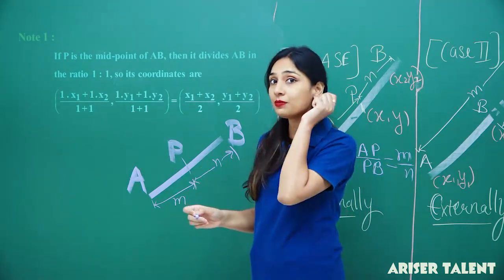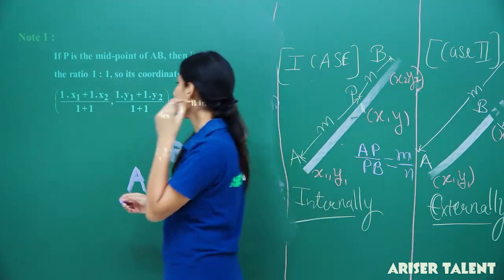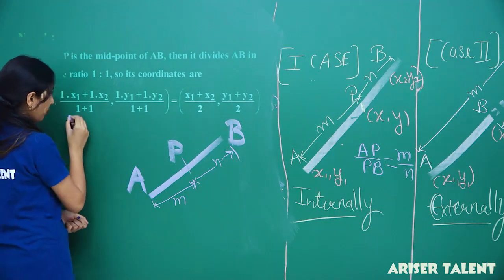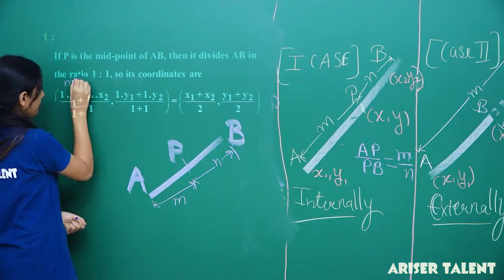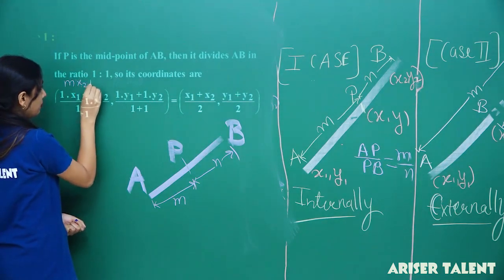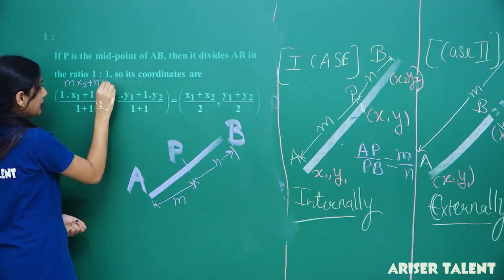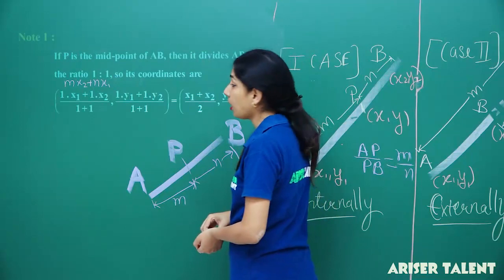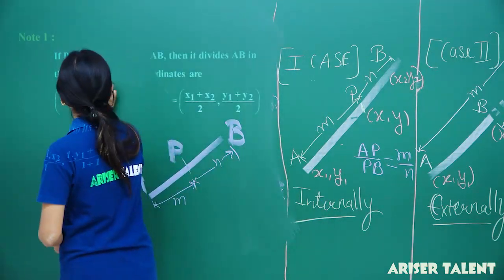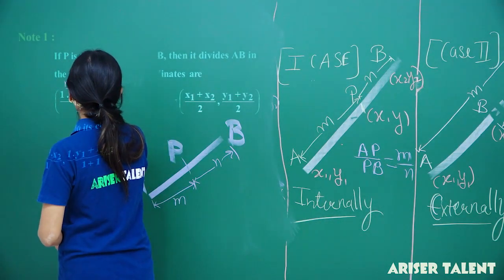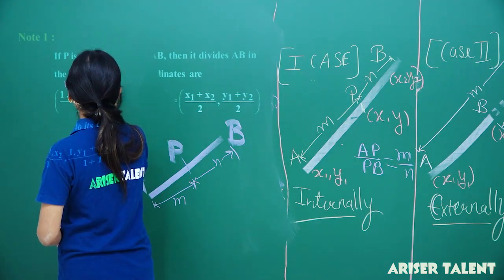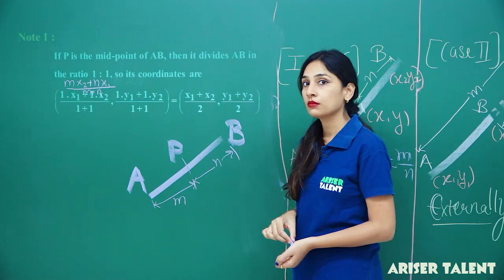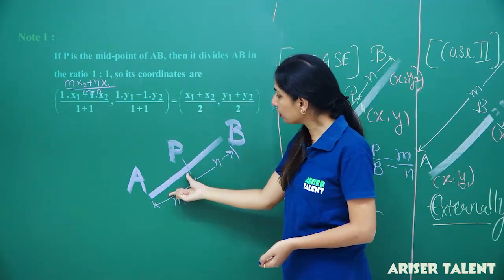Now, if the point P bisects it, we are having this particular formula. I can write the formula here, right? That was M X2 plus N X1 upon M plus N. Now let it be, what, 20.